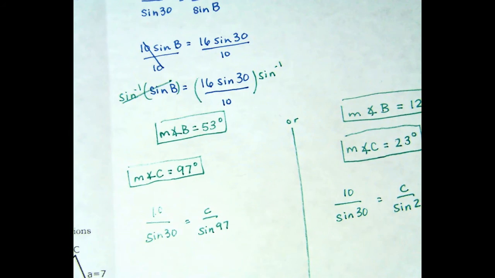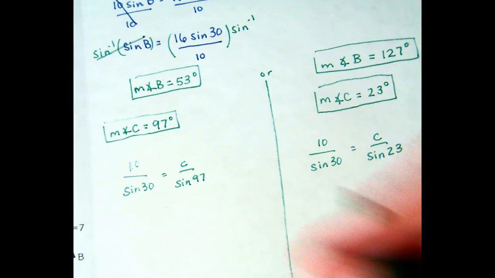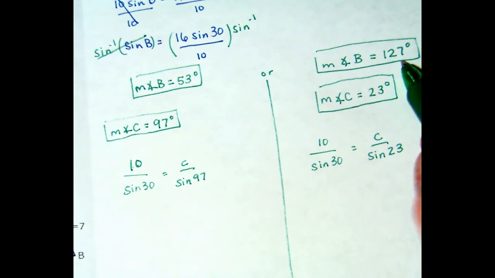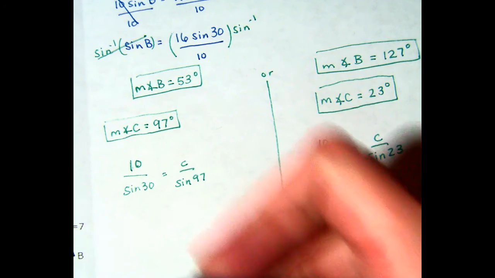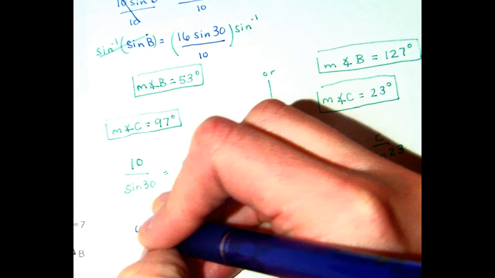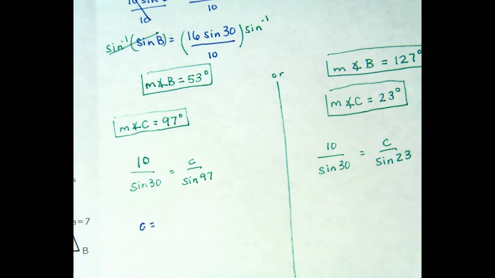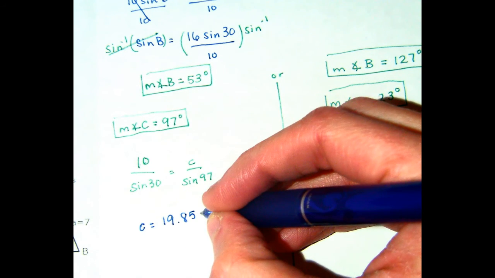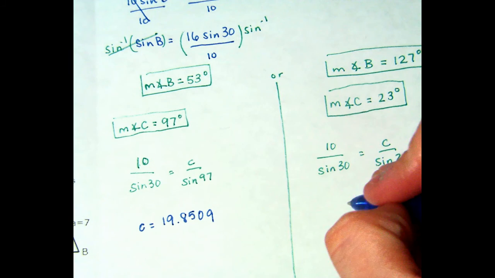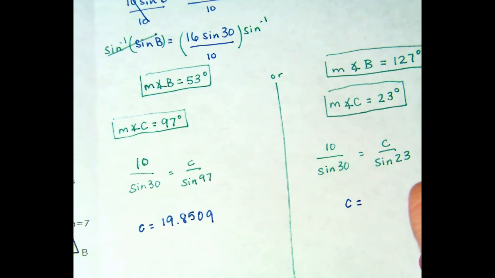I want you to finish solving both of those. It is like doing two problems in one if it just so happens that the second B makes sense. You should have cross multiplied. What did you get for C when the measure of angle C was 97 degrees? 8509. Okay. How about C when the measure of angle C was 23 degrees?